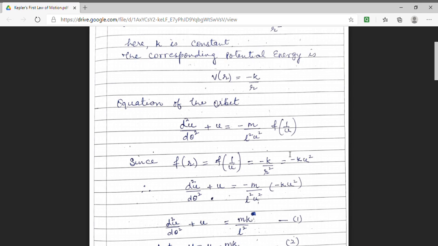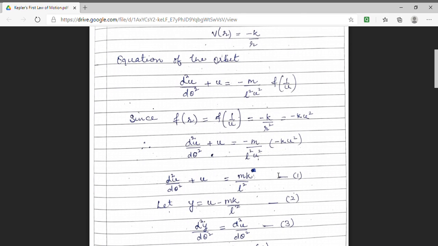So we have the equation of orbit as d2u upon d theta square plus u equal to minus m upon L square u square, putting the value of force, which is minus k u square. I get my equation as d2u upon d theta square plus u equal to mk upon L square.